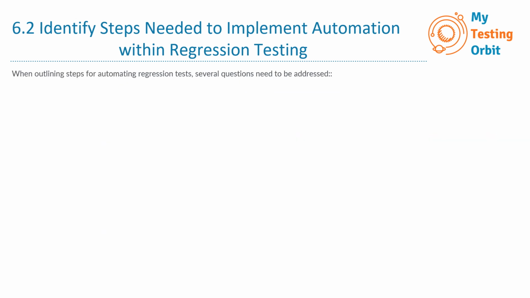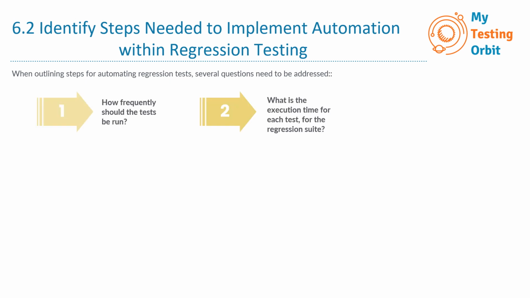When outlining steps for automating regression tests, several questions need to be addressed. And here are those questions. Number one, how frequently should the test be run? Number two, what is the execution time for each test for the regression suite?